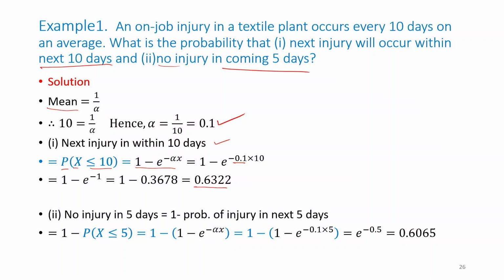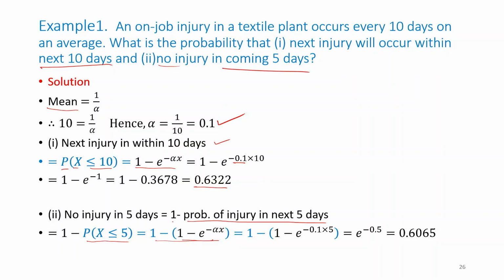The other one, no injury in 5 days, means 1 minus the probability of injury in the next 5 days. So it will be 1 minus P(x less than or equal to 5), so 1 minus (1 minus e to the power minus alpha x).